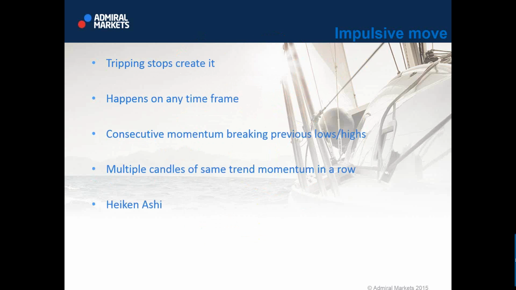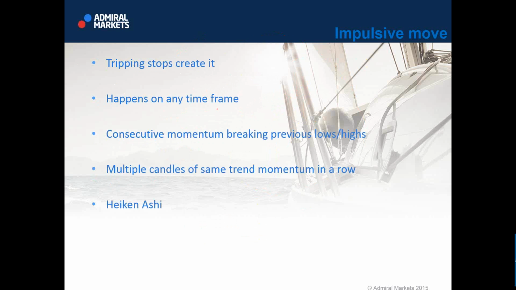An impulsive move usually signifies a huge stop grab, because tripping stops will create price moves. When there is an impulsive move, the price moves so furiously that it creates tripping stops, and if that happens, we usually have strong buying or selling. It removes the defenses to the upside or downside, and it creates a so-called imbalance in the order books.